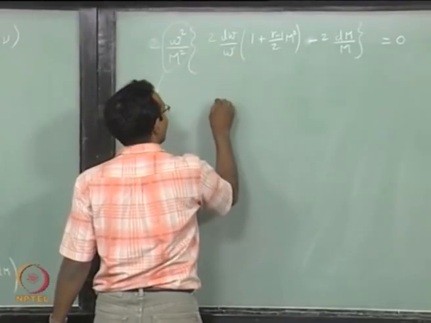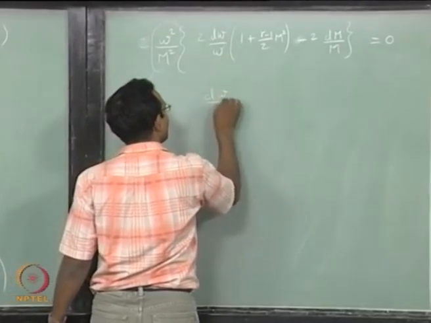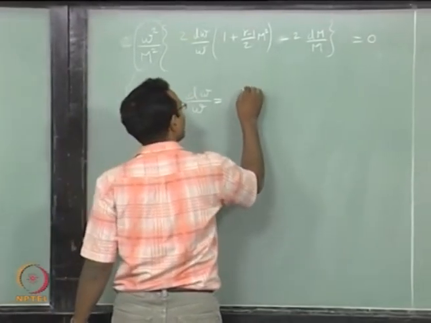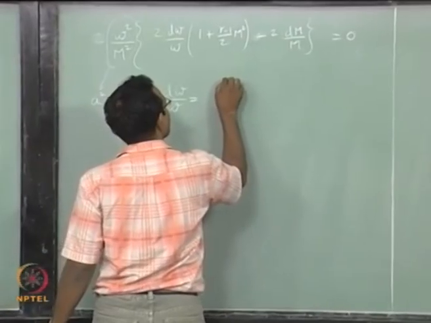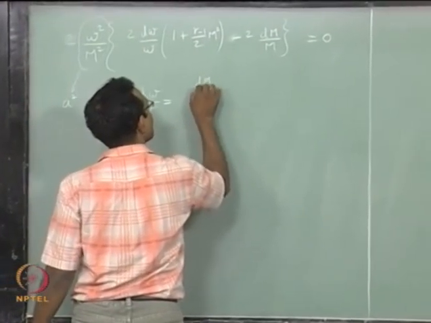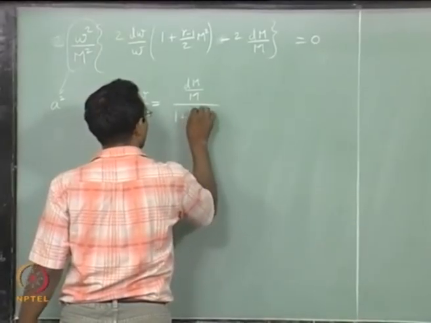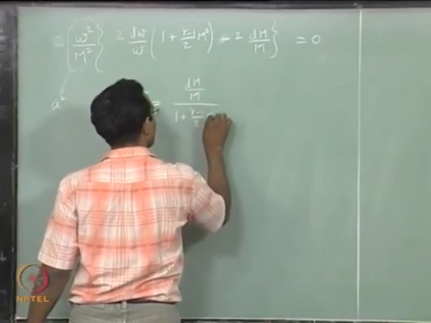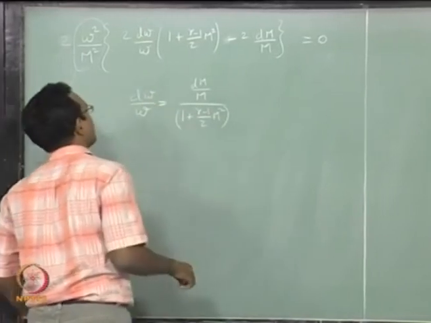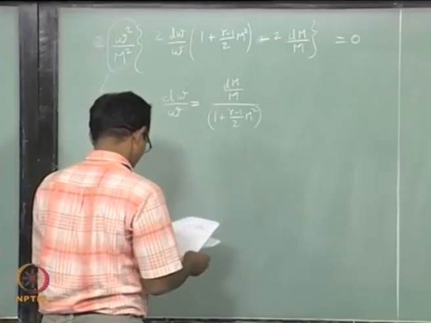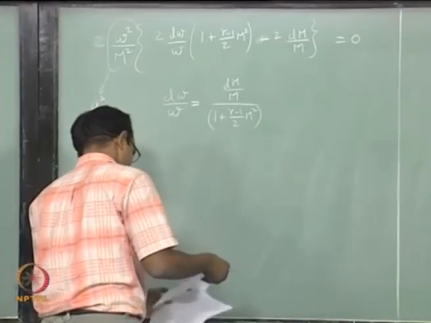I will rewrite this thing as dw by w is equal to dm by m divided by 1 plus gamma minus 1 by 2 m square. I think the 2 gets away from there.